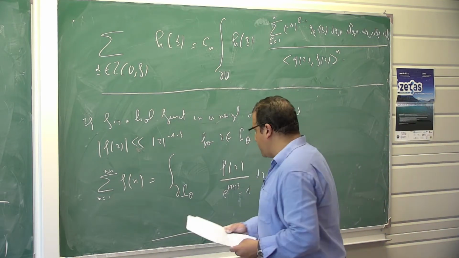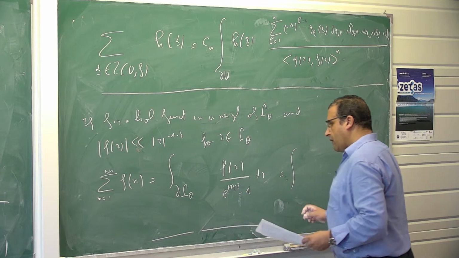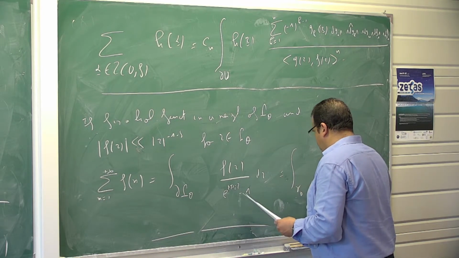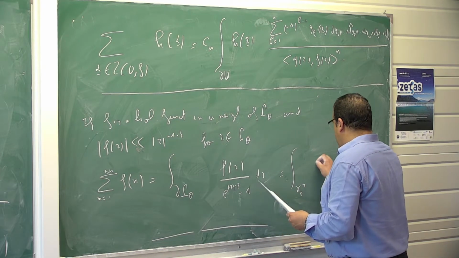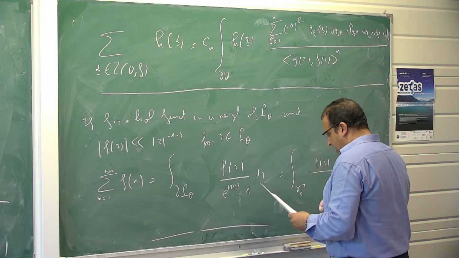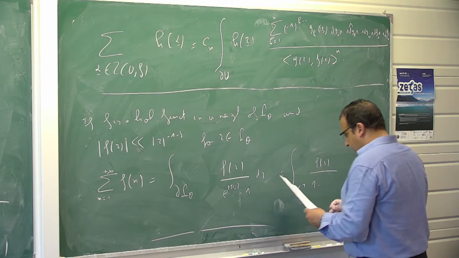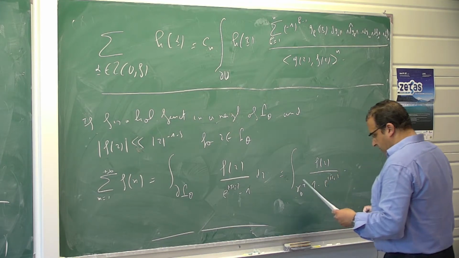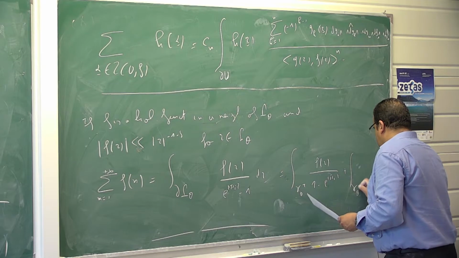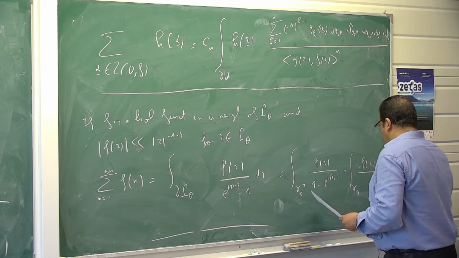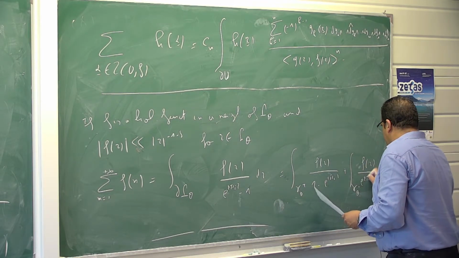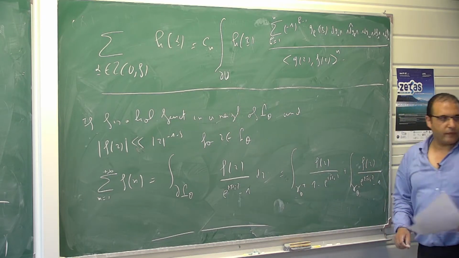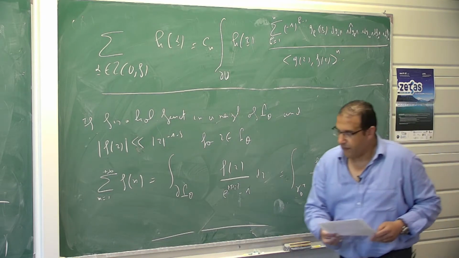And this is equal to the integral on gamma theta plus of f(z) divided by 1 minus exponential of 2 pi i z, plus the integral on gamma theta minus of f(z) over exponential of 2 pi i z minus 1. Just elementary computation.